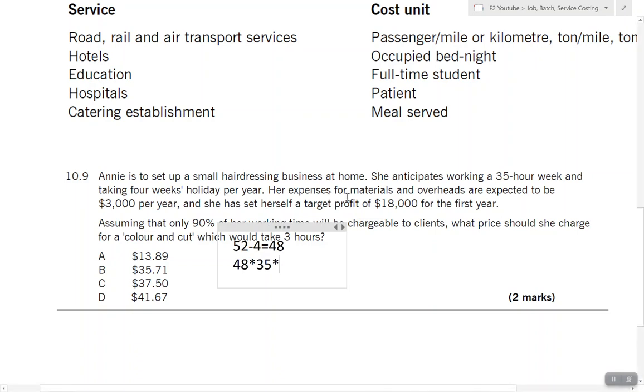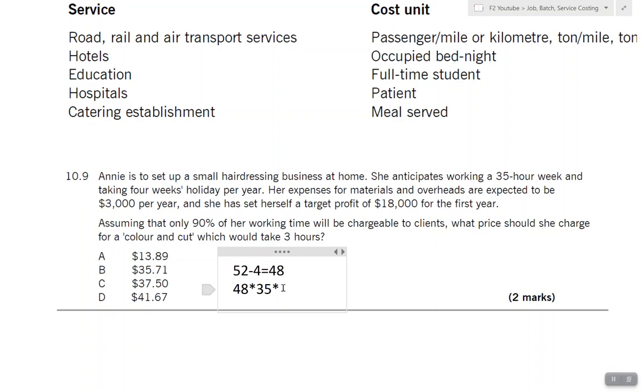And in that time, she said only 90% of the time will be chargeable. It means while she's working, she will not be 100% working. She will be taking some breaks and stuff. There will be time wasted between clients. So the chargeable time is 90% of this, which is 1,512 hours of chargeable time.